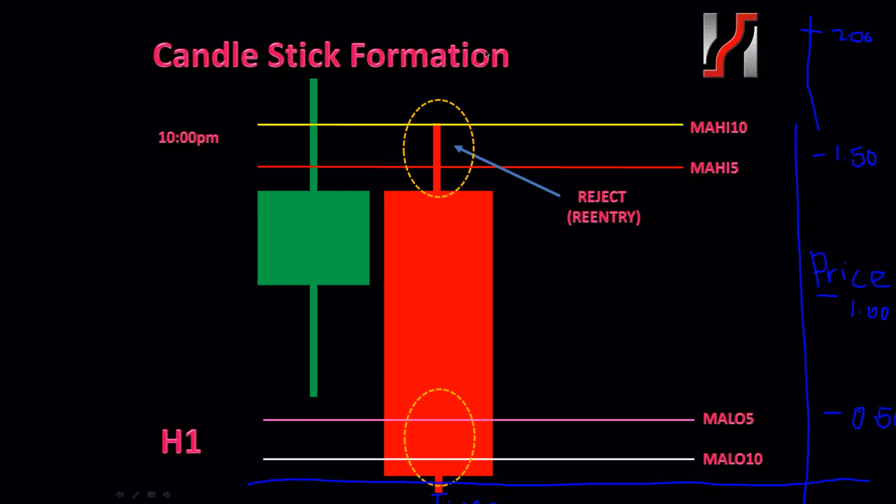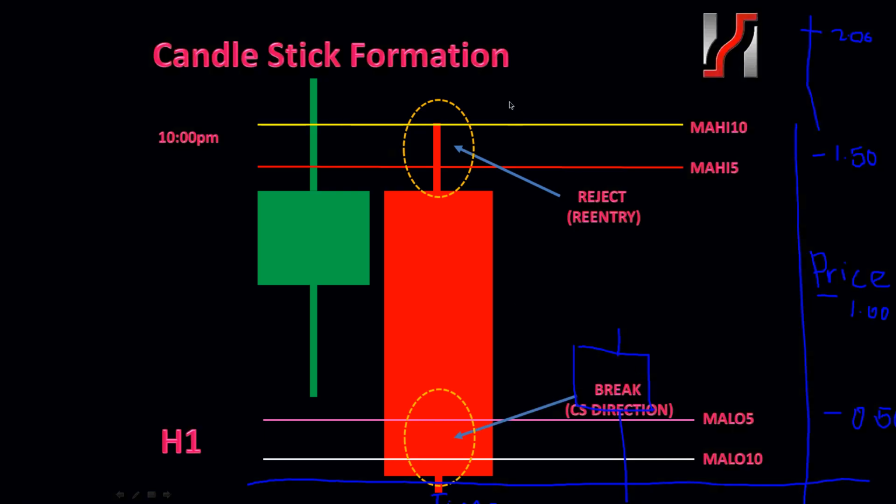Okay, so let me have a quick drawing over here. Let's say you have a candle here, for example, that rejects MA low 5 and MA low 10, then obviously this is a buy entry because it rejected the buy indicator. So with that, I hope you guys understand the difference between reject and break, because these things are very important when it comes to BBMA trading.